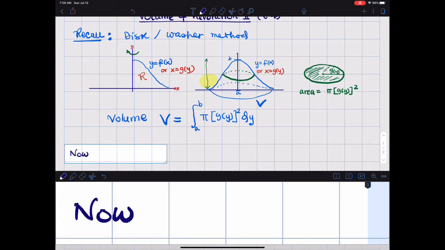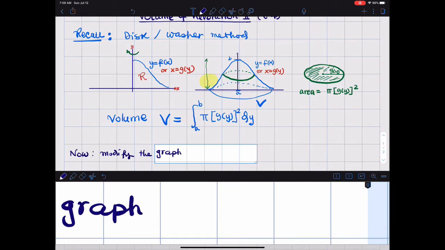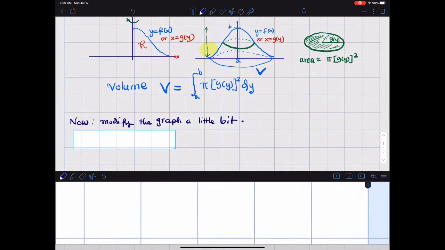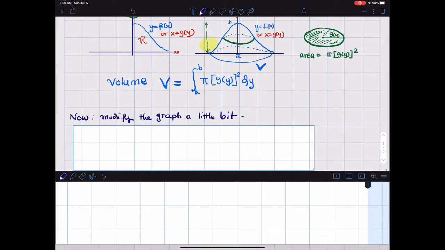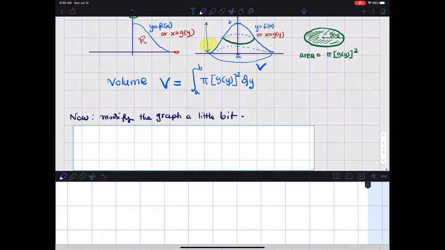Now, let's modify the graph a bit, just a little bit. I'm going to assume the same graph, but I'm going to move it up and down in a different way, and you see what I mean.